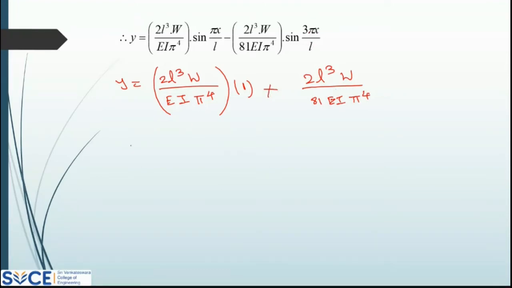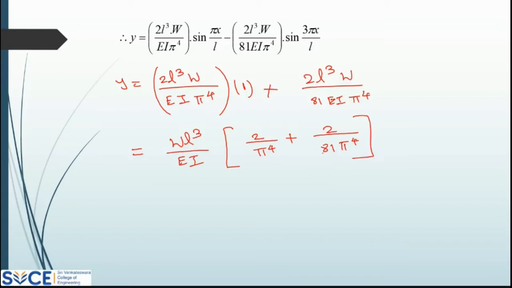This is plus. So what are the common terms here? I will take the common terms outside. So WL cube by EI, I will take it out. So what will the term be? I will get 2 by pi power 4 plus 2 by 81 pi power 4. Now use your calculator and find out the value here.